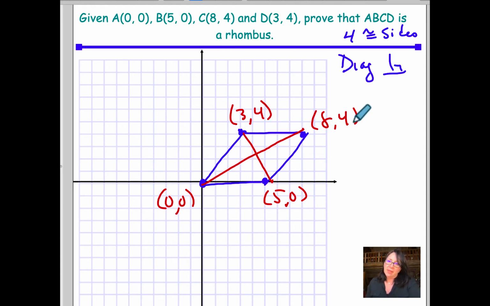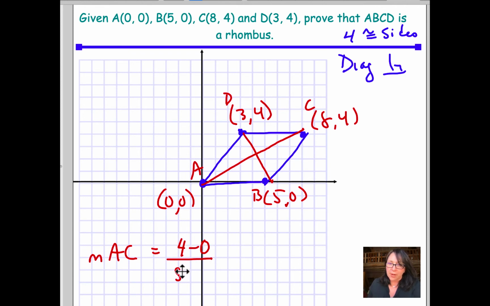Here's A, here's B, here's C, and here's D. To find the slope of AC, that's what I'm looking for. I'm going to subtract my y's. So I'm going to go 4 minus 0 over 8 minus 0, which is 4 over 8, which is 1 over 2.